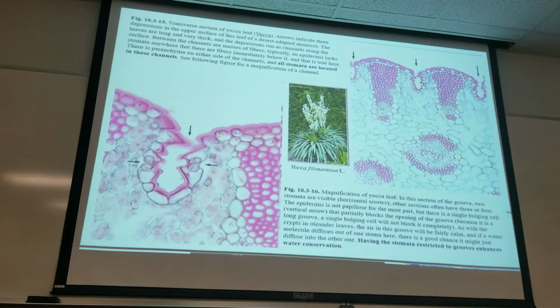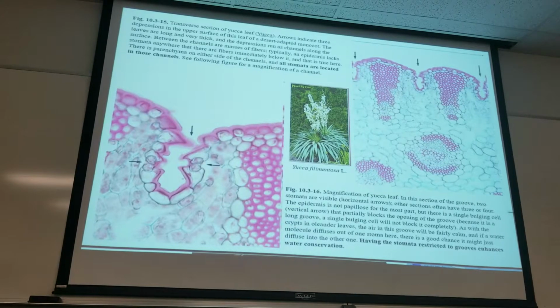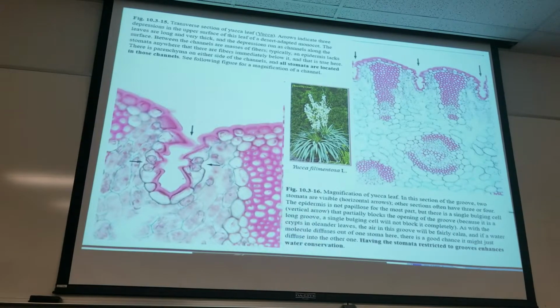So would these adaptations be correlated with a different form of photosynthesis as well? Like, we talked about oleander and they're in crypts. Is that a way to perform C4 and then still get away with being in a dry environment so that they don't have to adapt CAM? I think oleander's a C3, I think.